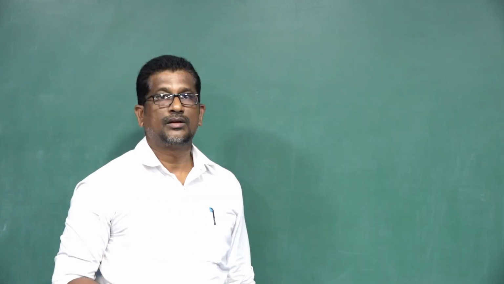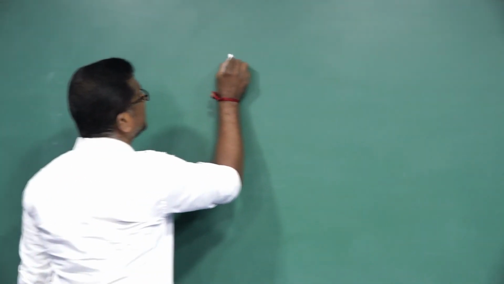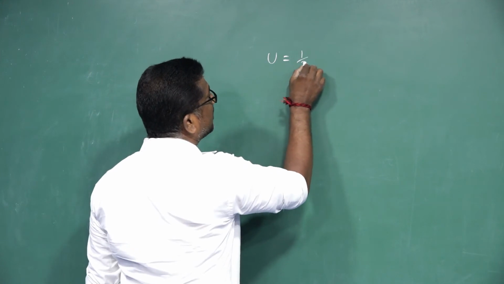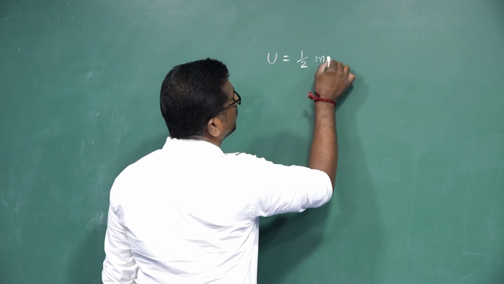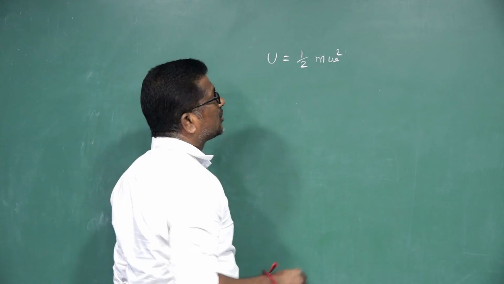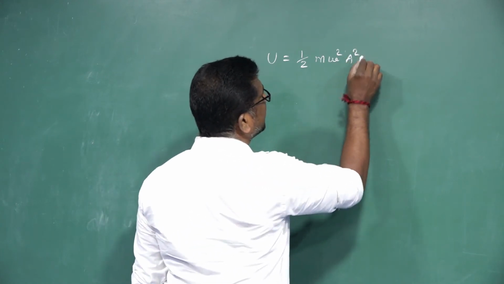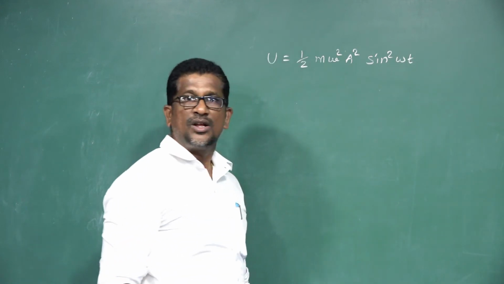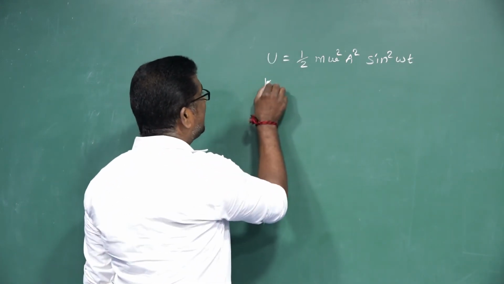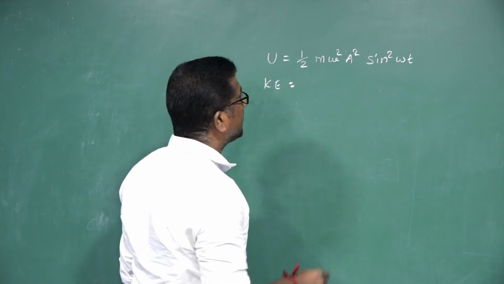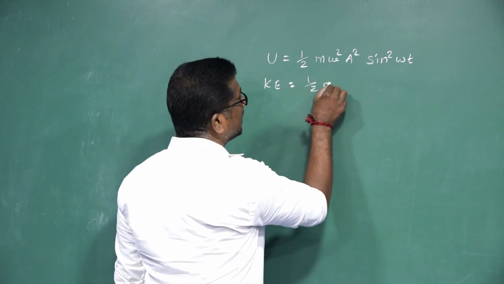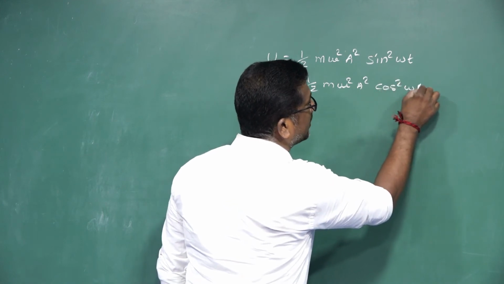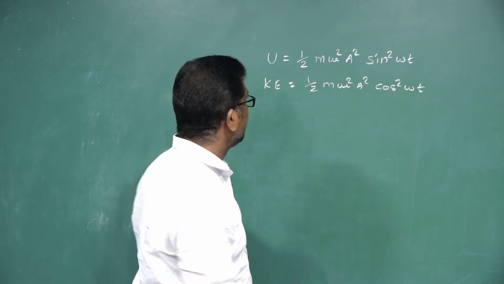Let us prove it. The potential energy of the particle in terms of time period is given by half m omega square a square sin square omega t. And the kinetic energy of the particle in terms of time period is given by half m omega square a square cos square omega t.